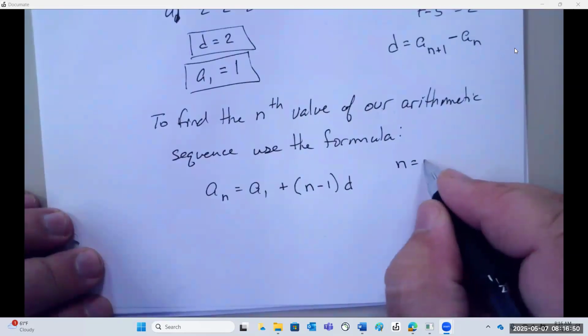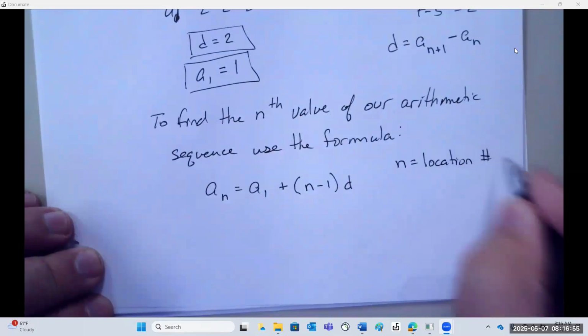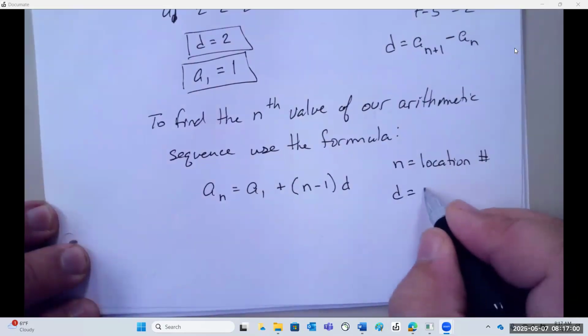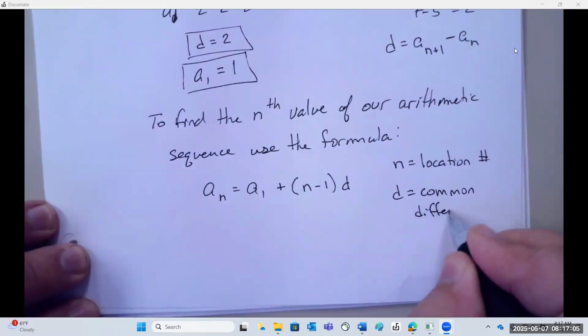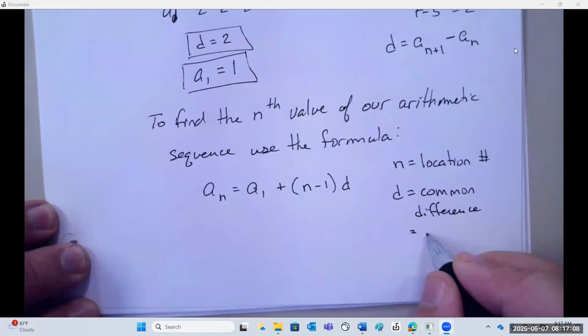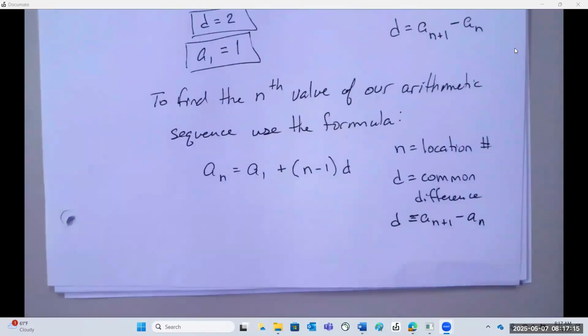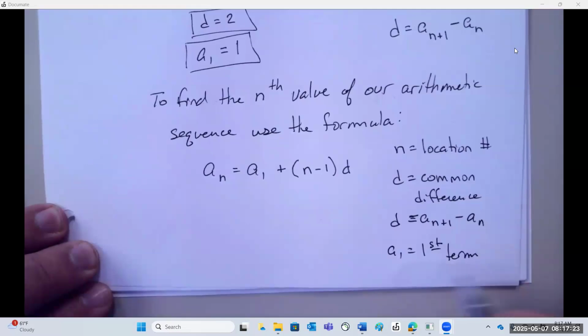N is the location number. D is the common difference, which is a sub n plus 1 minus a sub n. A sub 1 is the first term of the sequence.